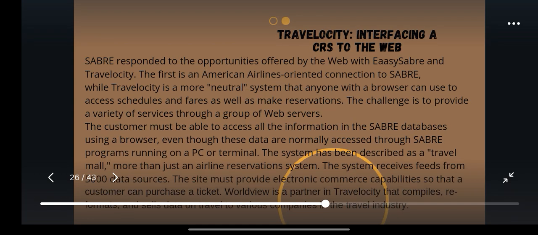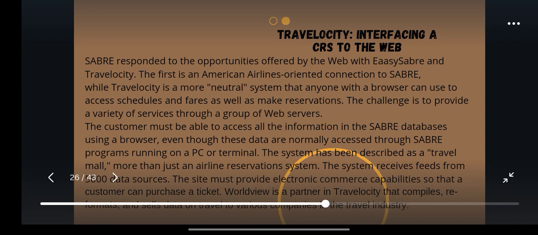So, Travelocity, interfacing a CRS to the web. Sabre responded to the opportunities offered by the web with Easy Sabre and Travelocity. The first is an American Airlines-oriented connection to Sabre, while Travelocity is a more neutral system that anyone with a browser can use to access schedules and fares as well as make reservations.